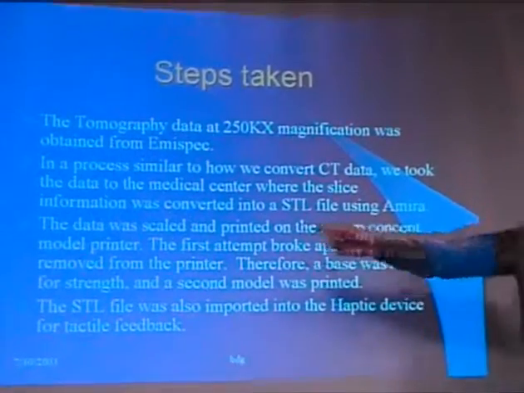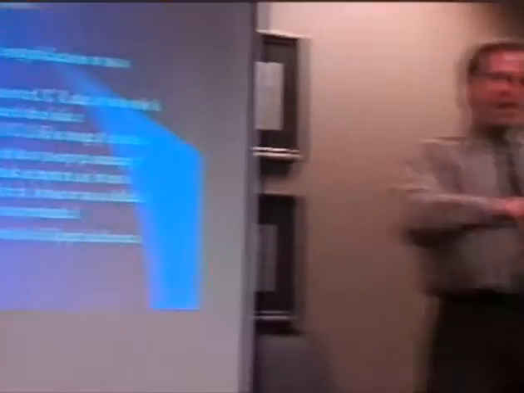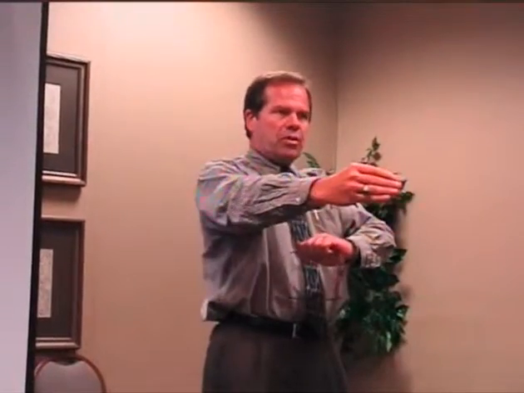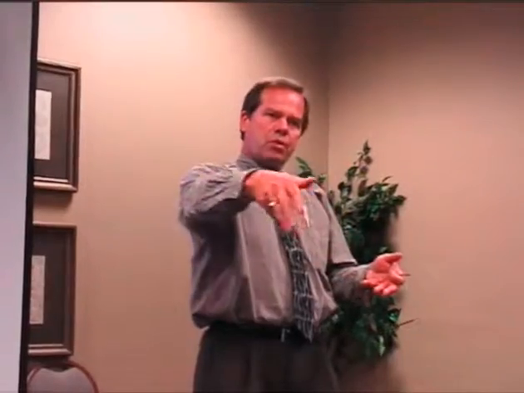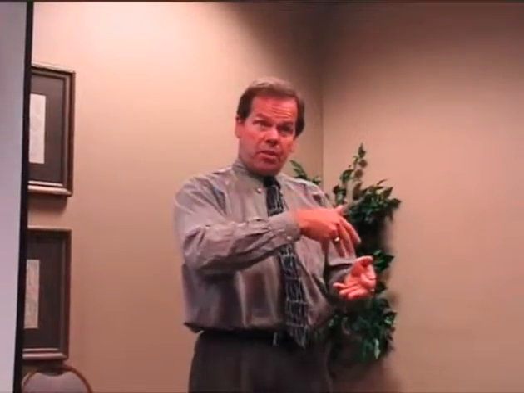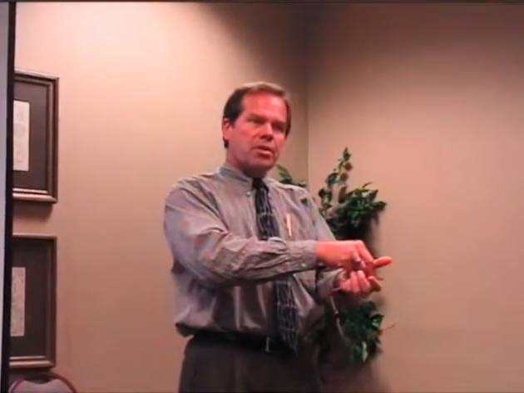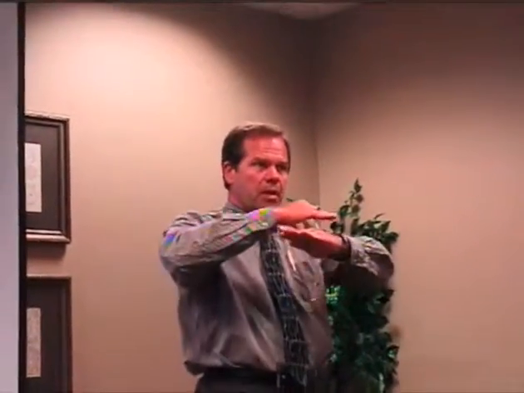Then it was scaled and printed on this printer, and the printer basically is a flat bed, and an arm will sweep a uniform layer of particles across the bed, and then over the top of that there will be a print head with a spray on it, which can have color to it if you want. In this case, we just kept the natural color. And every place we sprayed, that would spray some adhesive to hold the particles together. Where we didn't spray, the particles would fall off. And so you build it up a layer at a time.